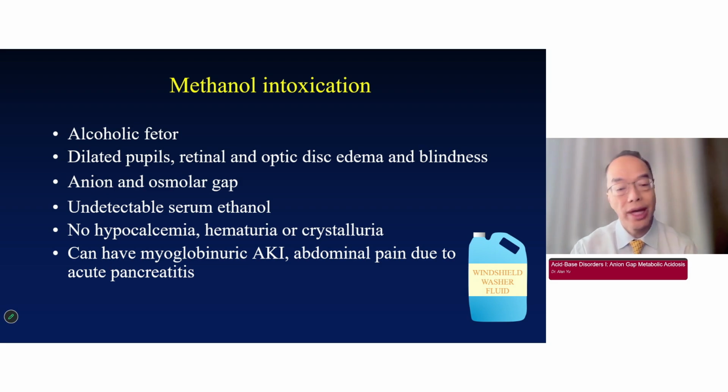No detectable ethanol, or there is ethanol, but it's not accounting for all of the osmolar gap. And unlike ethylene glycol, there's no hypocalcemia, hematuria, or crystalluria. But unlike ethylene glycol, for some reason, methanol has a propensity to cause rhabdomyolysis and to cause acute pancreatitis.